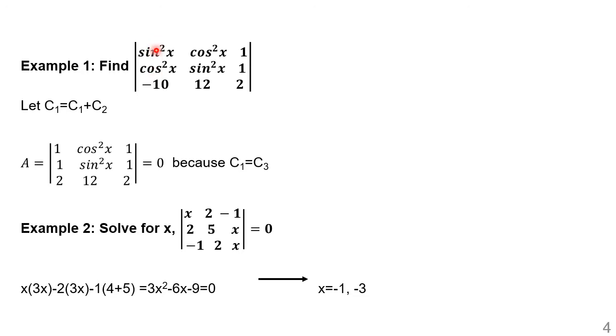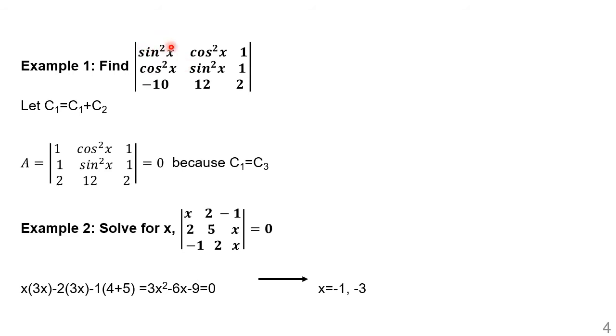First row elements are sin square x, cos square x, 1. Second row elements are cos square x, sin square x, 1. Third row elements are minus 10, value 2. Now we do a column modification: the first column is equal to first column plus the second column.